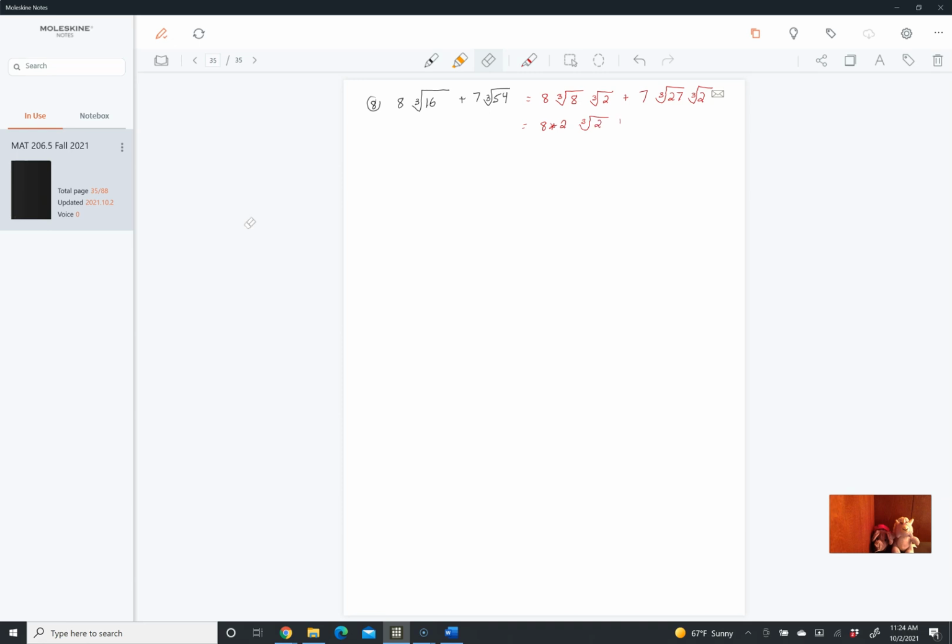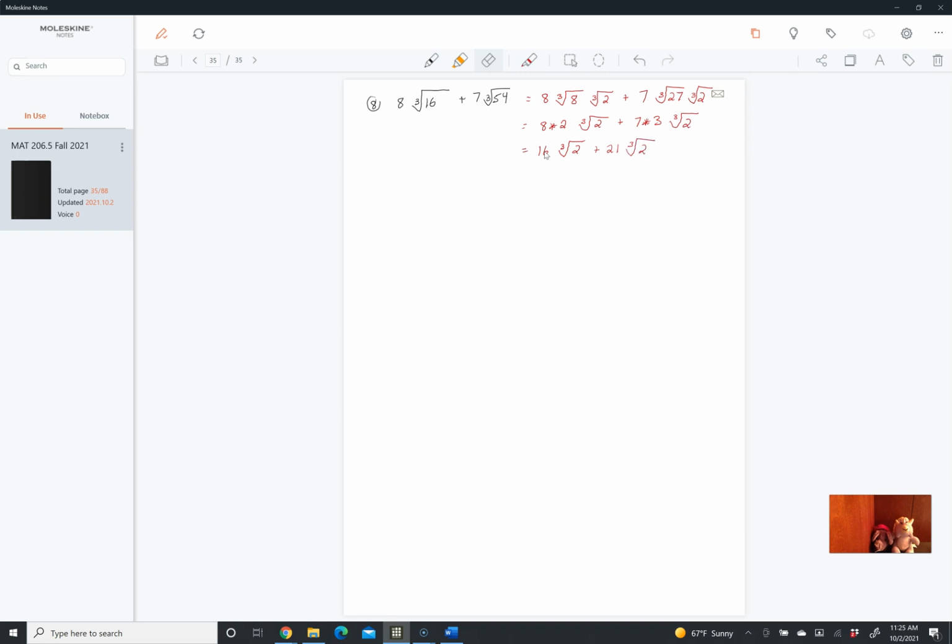And the cube root of 27 is 3. Multiply out your coefficients. 8 times 2 is now 16. So we have 16 times the cube root of 2. And we have 21 times the cube root of 2.